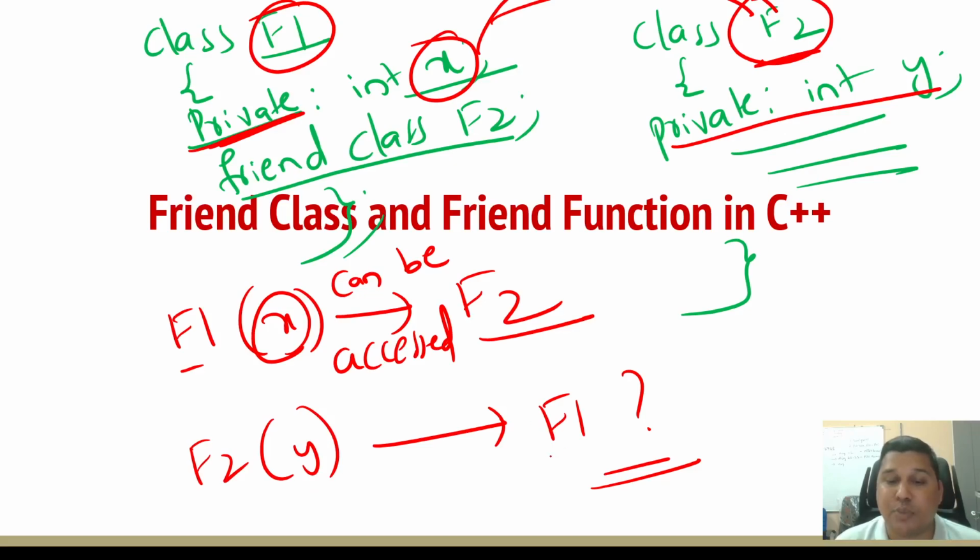Can this be accessed by F1 if I say that F1 and F2 are friends? Can you guess? Can we access the private variable y, which is part of F2, from F1?